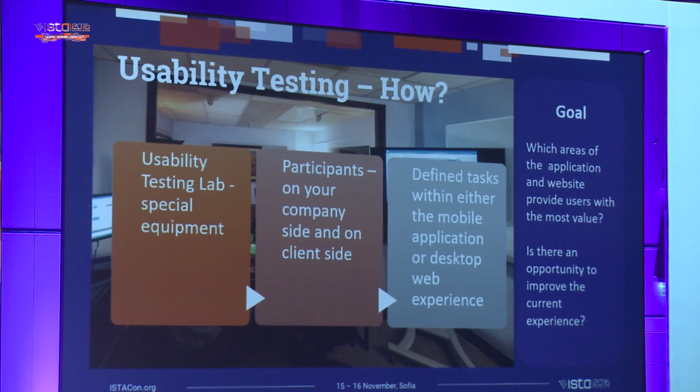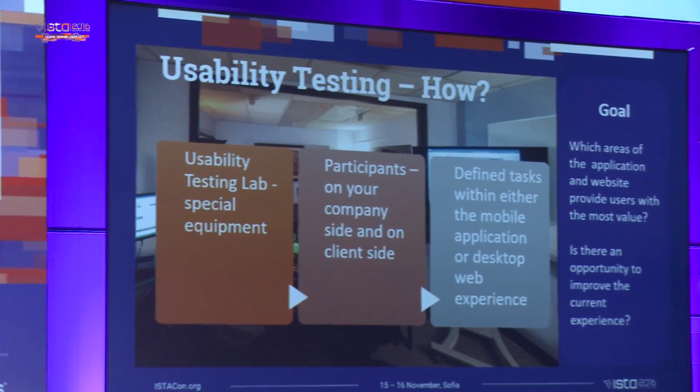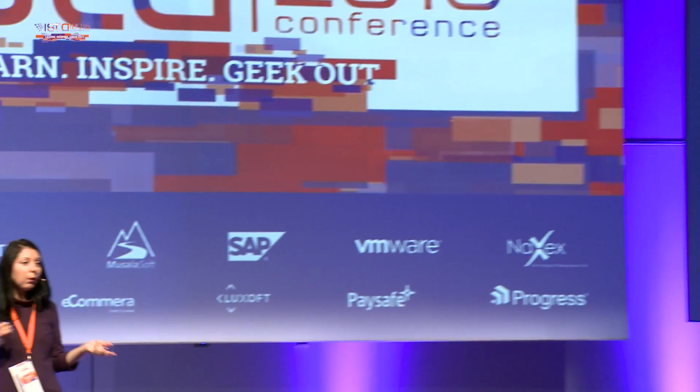Second, we need the users. We need the participants in our testing. They can be on our side, they can be on the client side, they can be independent ones, like my grandmother, my grandfather, my cousin, and so on. And also, we need to give them predefined tasks on our mobile or web application.